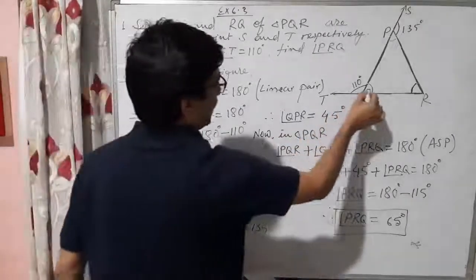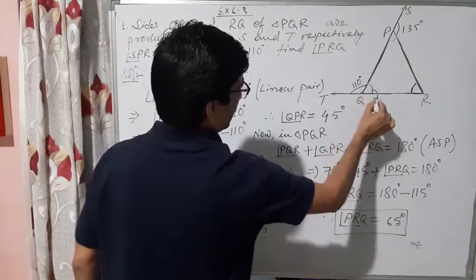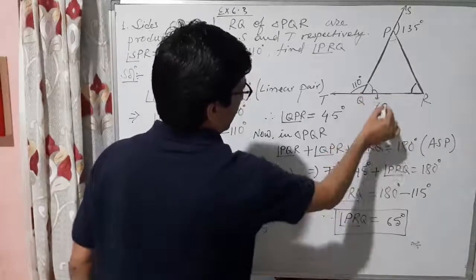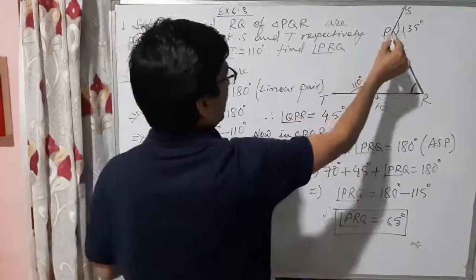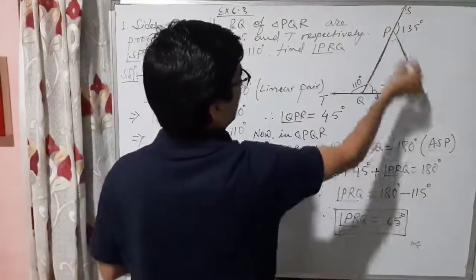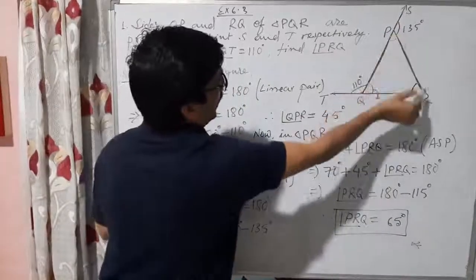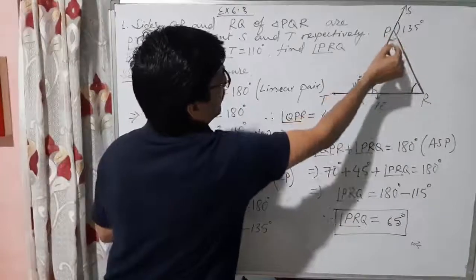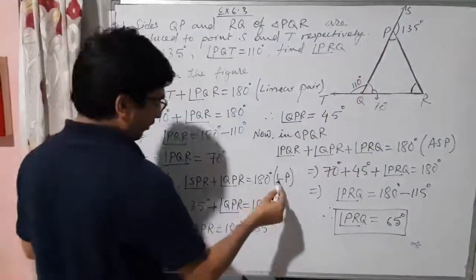That means this angle comes to 70 degree. Now similarly here also you can do, that is SPR, this exterior angle plus angle QPR, this interior angle. These two sum to 180 degree, again linear pair. I have written LP in short, linear pair.